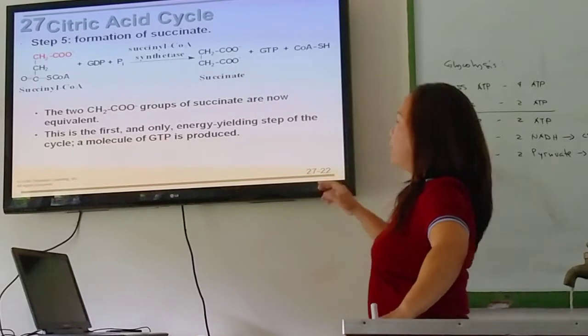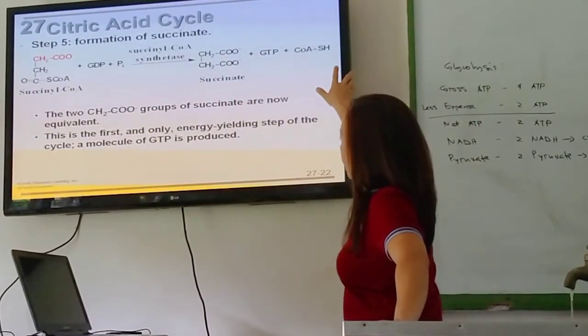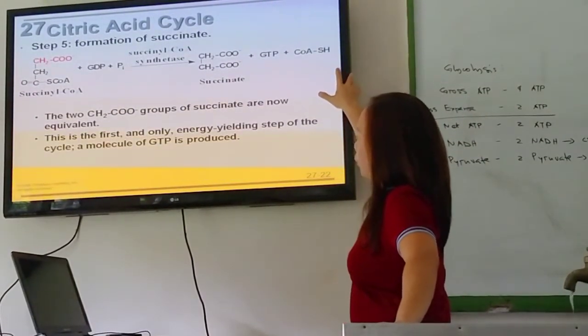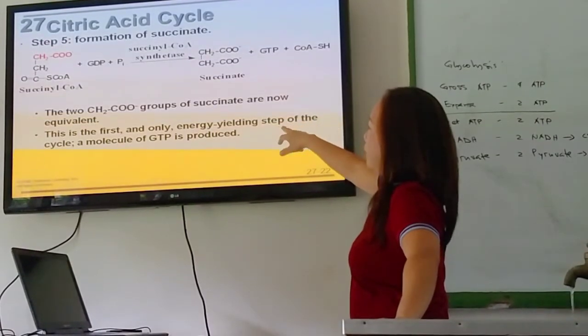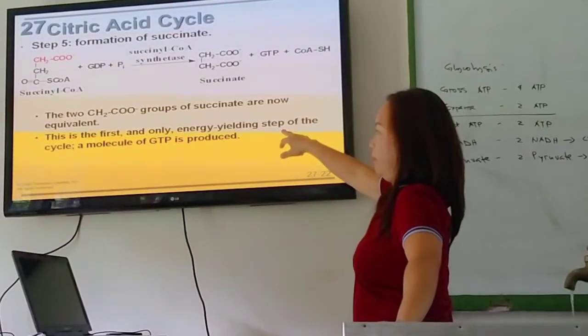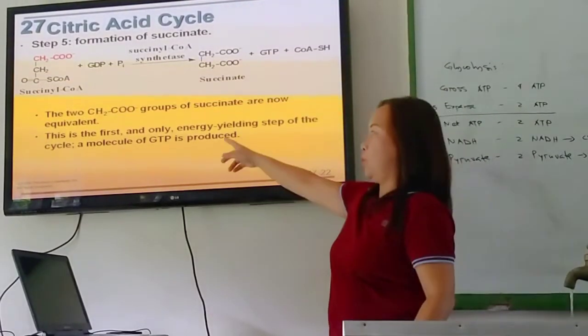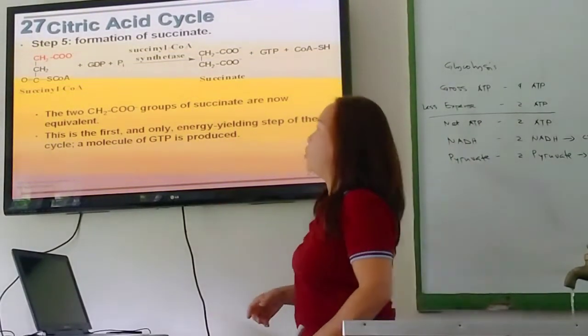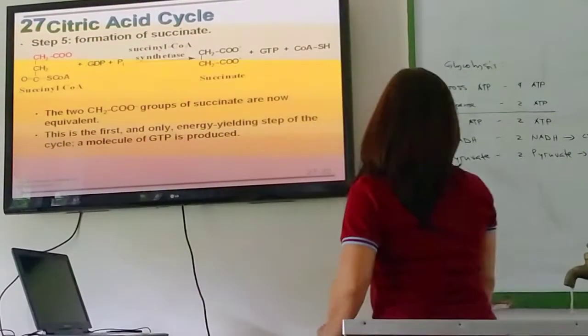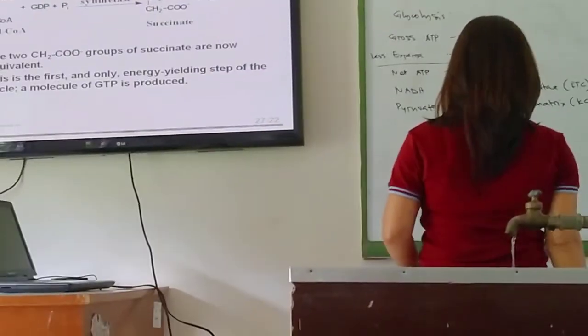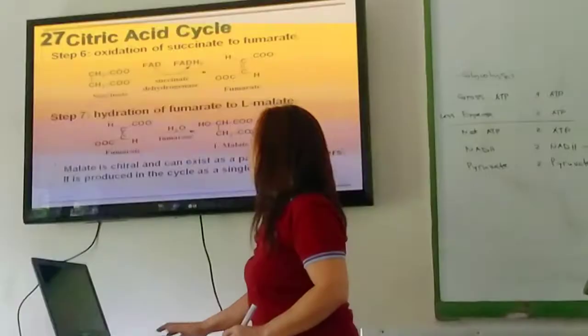Okay, this is an energy yielding step. And of course, the GTP is produced. So this is now the energy. So succinyl-CoA to succinate. And what else?